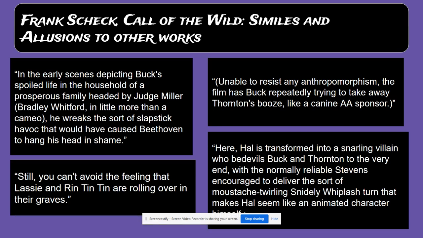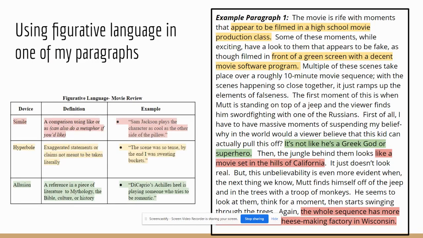Now, I don't know if you know who Snidely Whiplash is, but he was in the old Rocky and Bullwinkle cartoons. I'm pretty sure it's Rocky and Bullwinkle. So really a cartoonish kind of villain, which I can totally see with Hal in Call of the Wild.